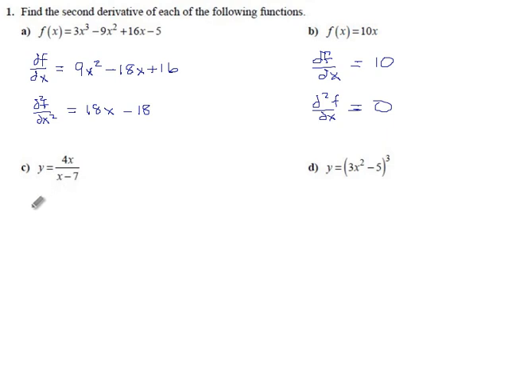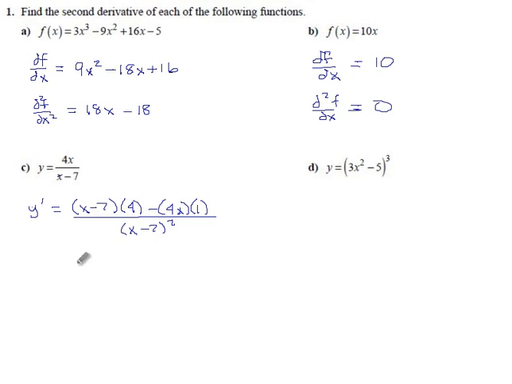C is a quotient, as mentioned, so the derivative for a quotient is bottom d top minus top d bottom over bottom squared. Let's see what that looks like. Bottom d top is 4, minus top. The derivative of the bottom is just 1, all over the bottom squared.